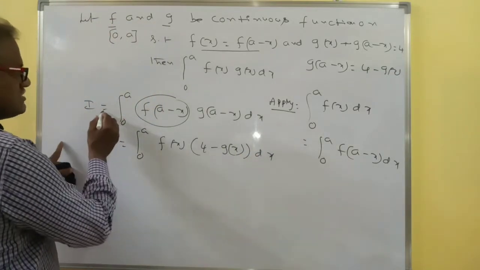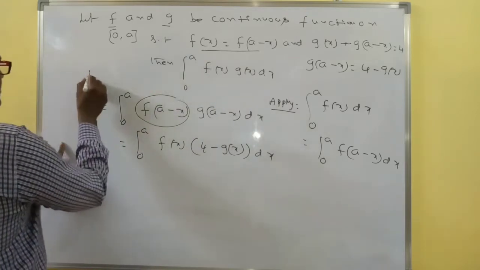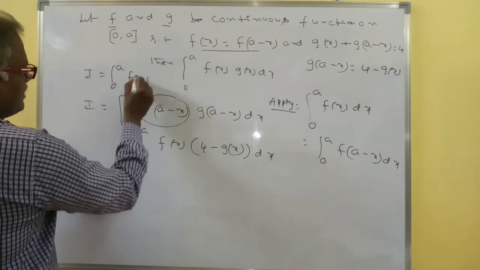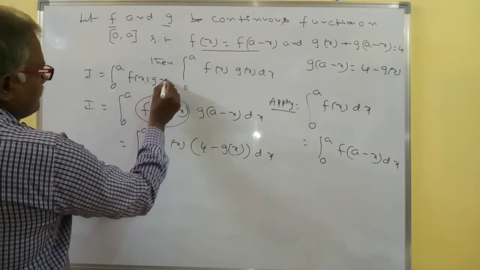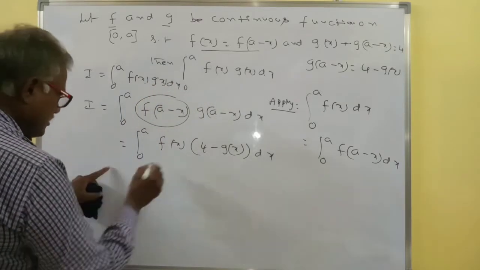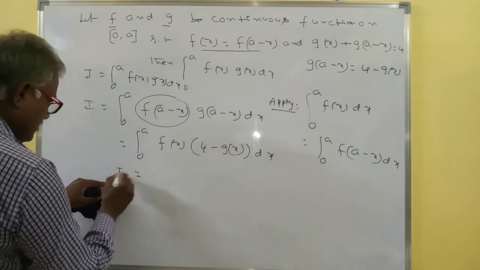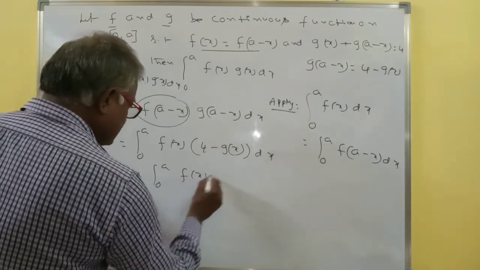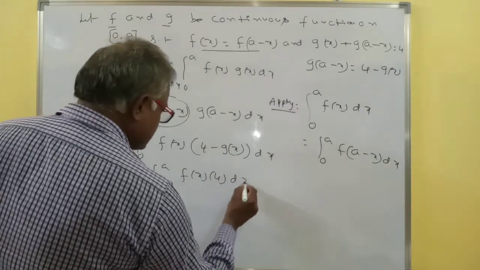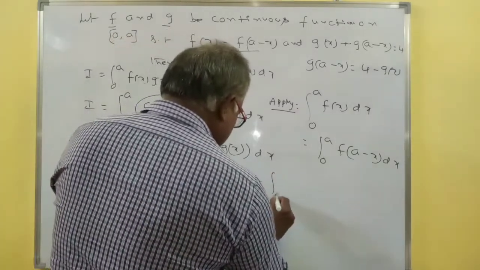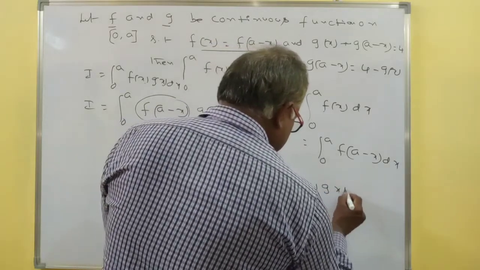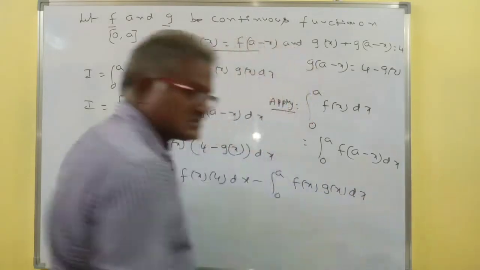So this is the original I, integral 0 to a f of x g of x dx. So multiply that one: integral 0 to a f of x into 4 dx minus integral 0 to a f of x g of x dx.